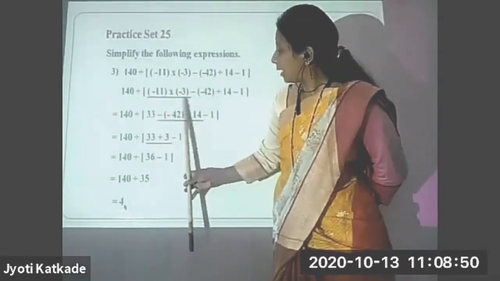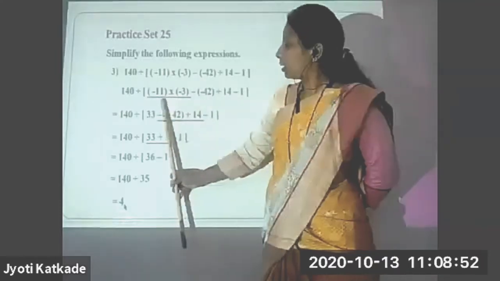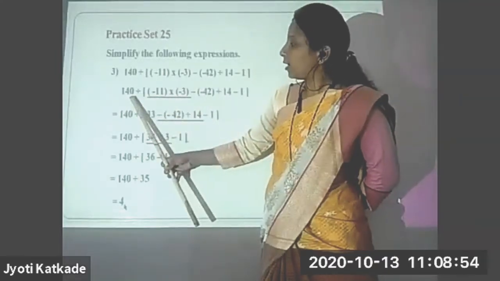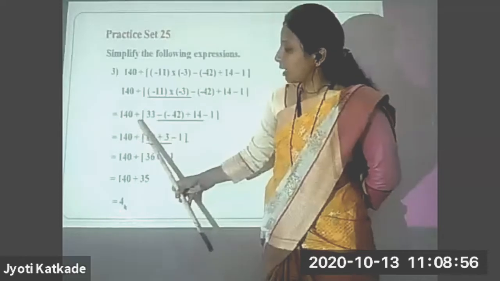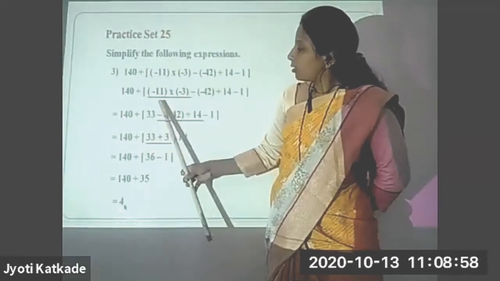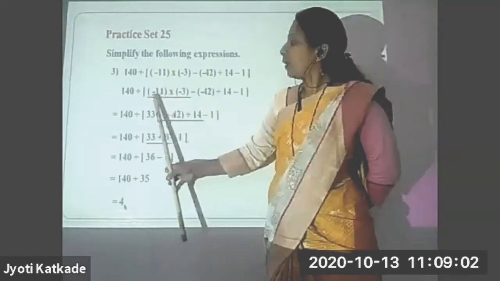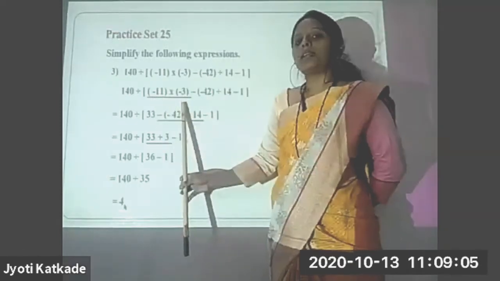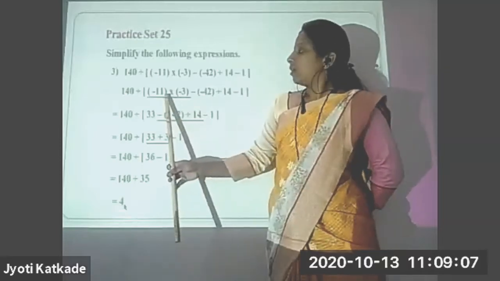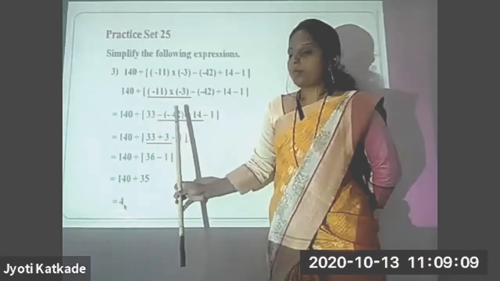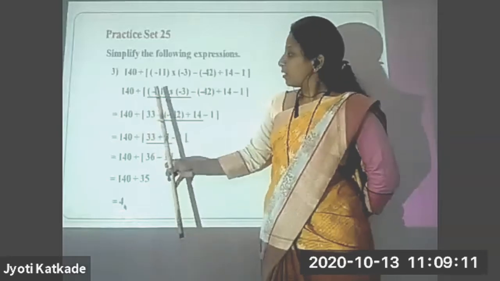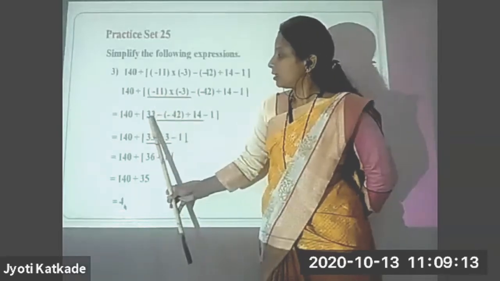In this square bracket, first multiplication is there. 140 divided by, take as it is. After that, take the multiplication of minus 11 into minus 3. I think all of you know, when we multiply minus by minus, our answer is plus. 11 3s are 33.